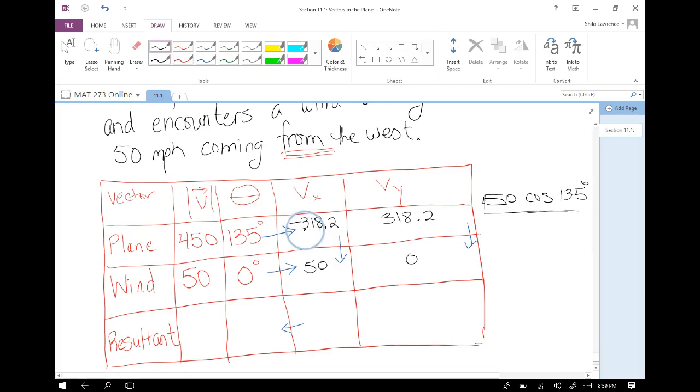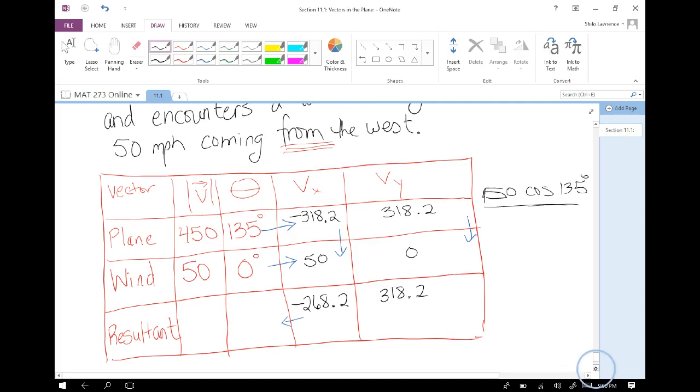So we want to combine negative 318.2 and 50. And our y components point in the same direction as well, so we can combine 318.2 and 0. That's going to make the components of our resultant vector negative 268.2 and 318.2.